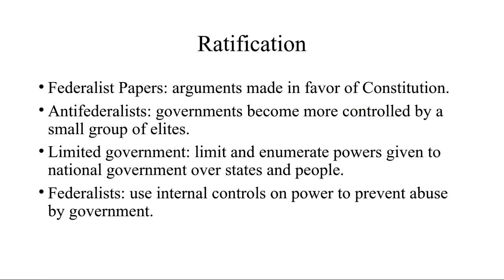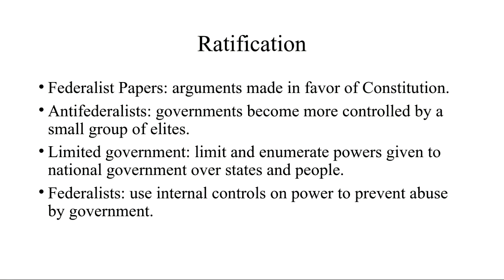Then you had the counter-argument, which basically said this will lead to elite control. The few will dominate the many. And it's not going to work. That the government will be controlled by a very small group of people and the rest of us will lose out. So the counter-argument that was made by the Federalists said that's not going to happen because we've put enough limits into place to prevent that from happening.